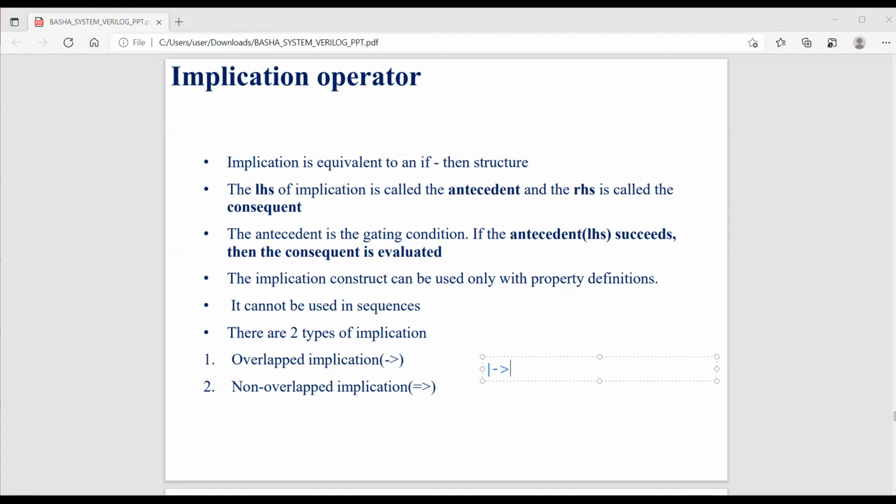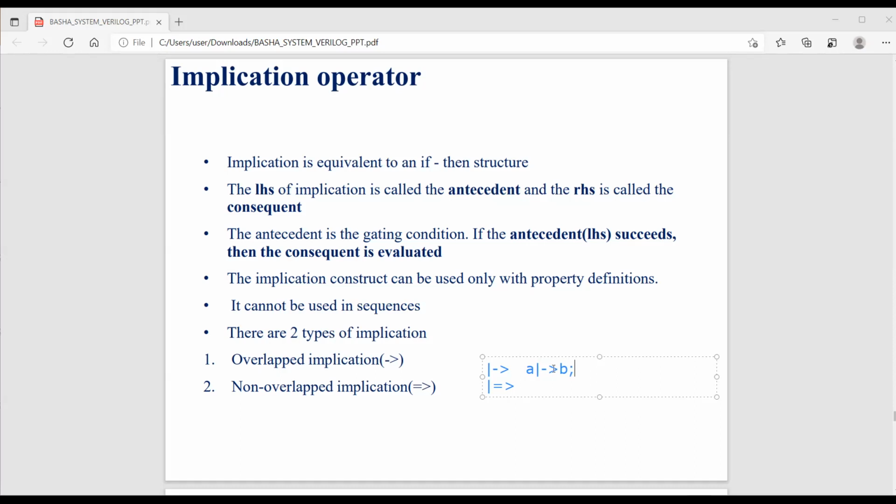This is your implication operator: the overlapped implication operator, and this is your non-overlapped implication operator. The difference between these two is, if you are using the overlapped implication operator, it means if A is high, in the same clock cycle B should also be high.